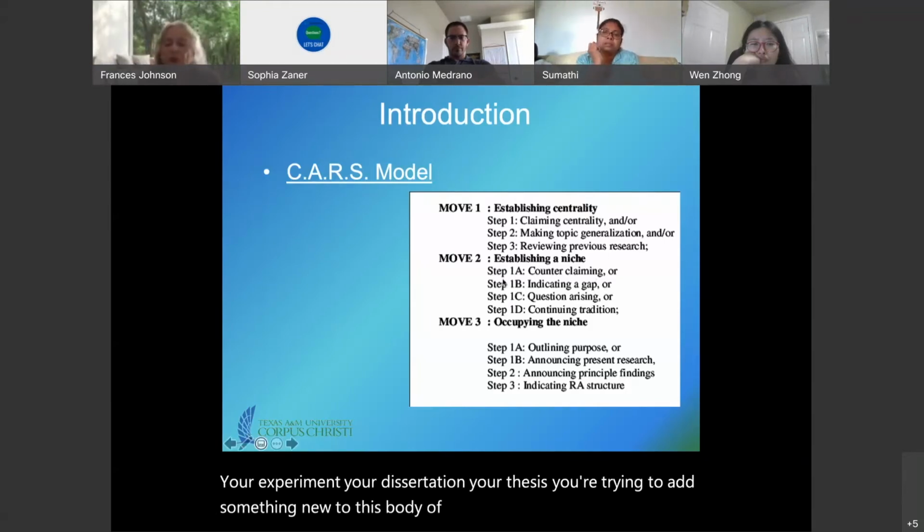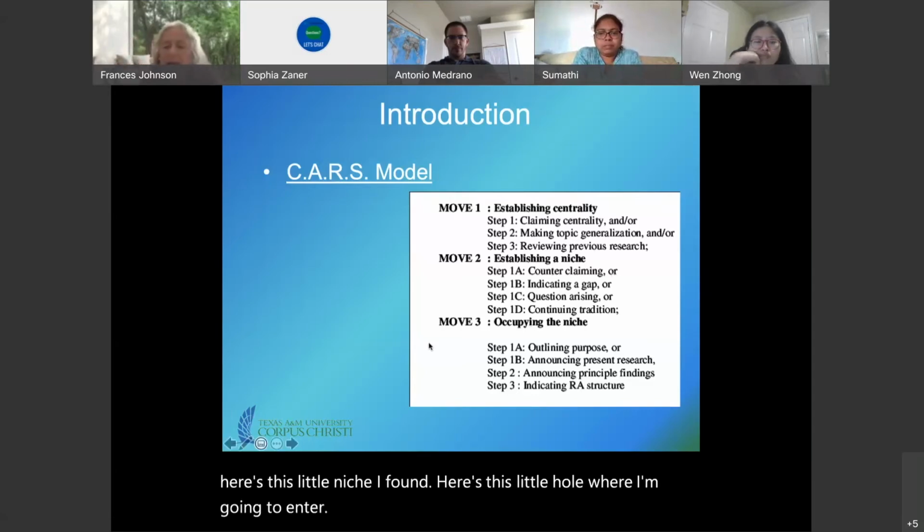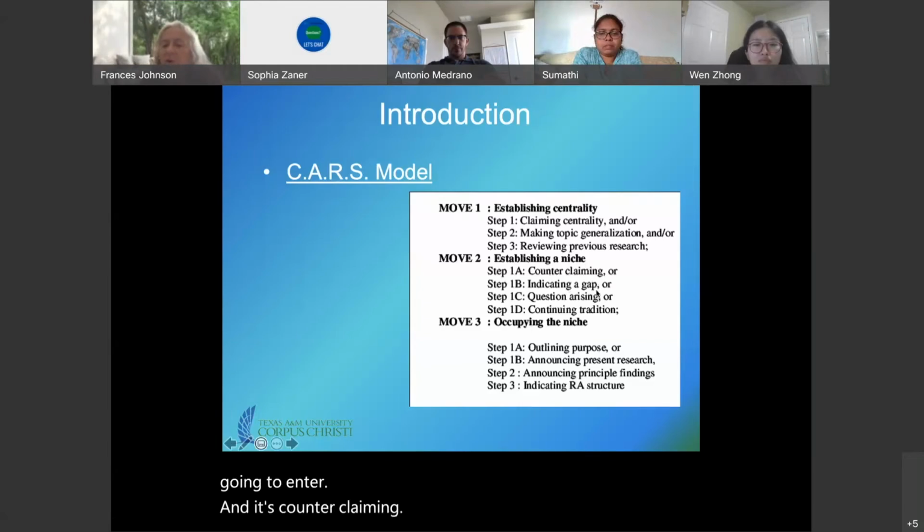So you have to say, well, here's this little niche I found. Here's this little hole where I'm going to enter. And it's counterclaiming or indicating a gap or questioning or continuing a tradition.